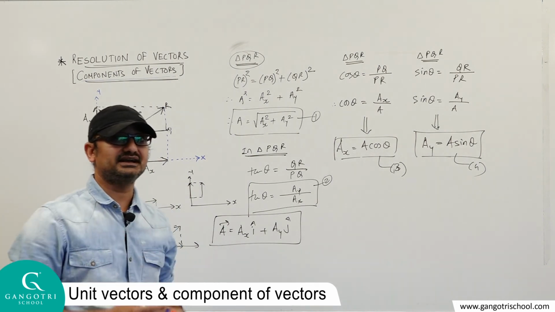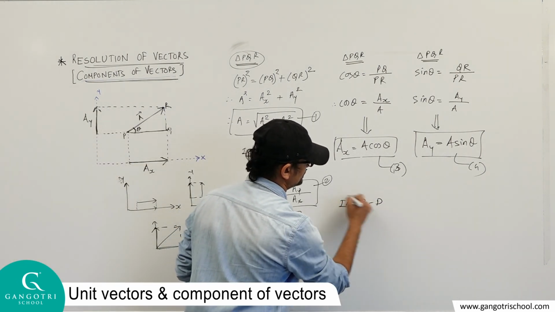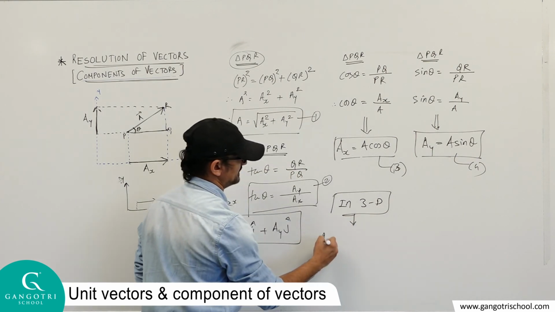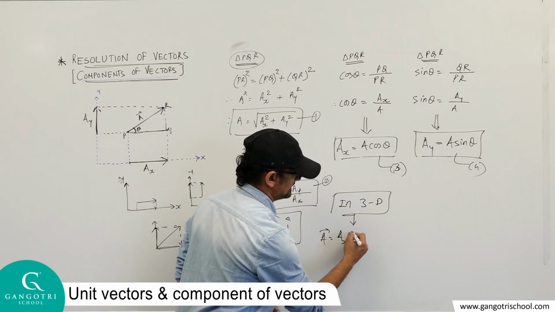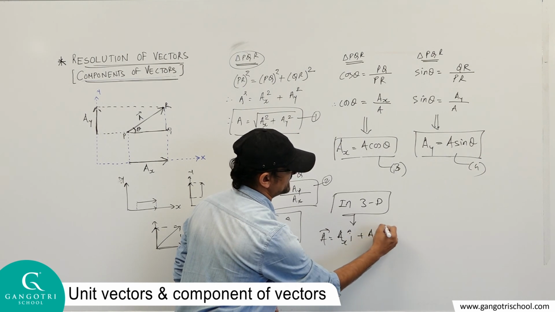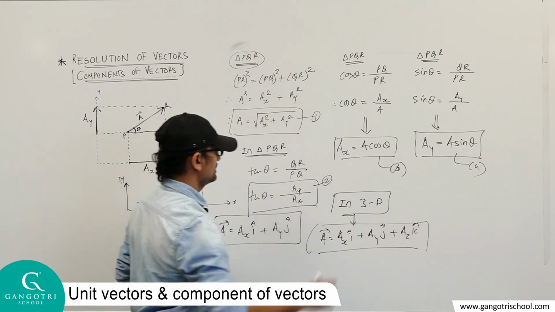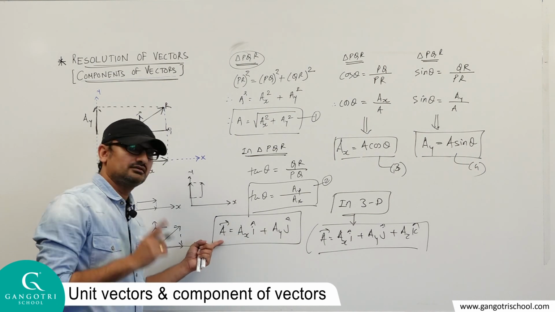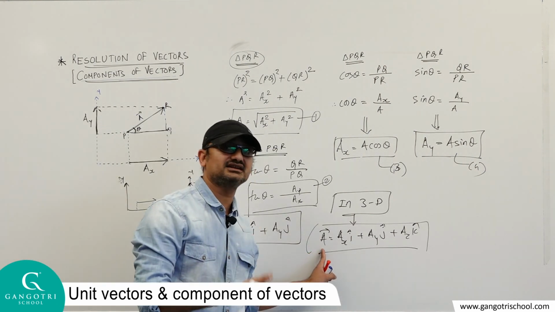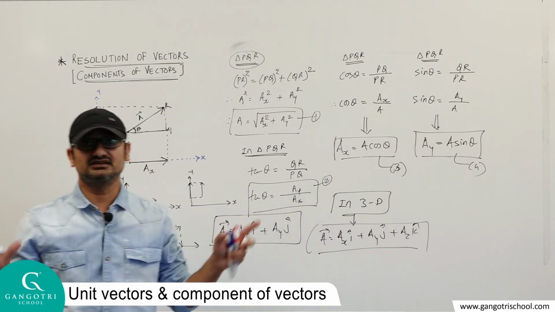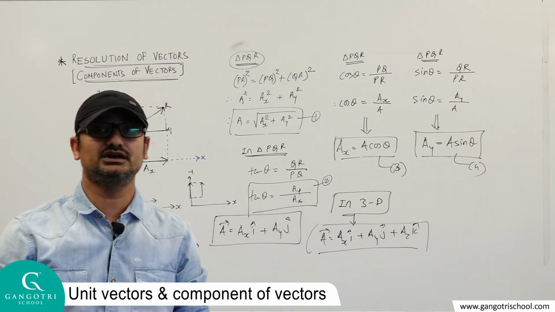But if the vector is in three dimensions, then vector A can be represented this way: AX i-cap plus AY j-cap plus AZ k-cap. So this represents a vector in 2D, and this a vector in 3D. These are the ways of the resolution of the vector as well as the components of the vector.